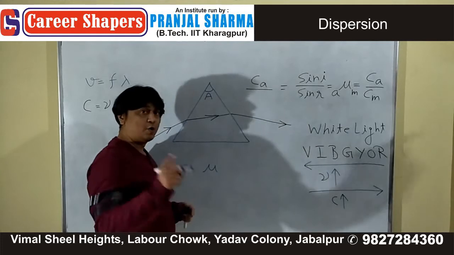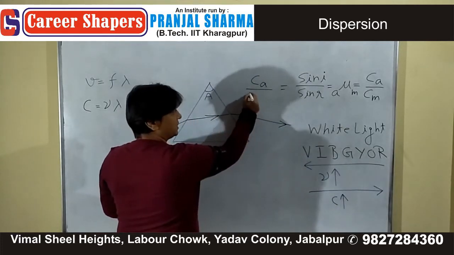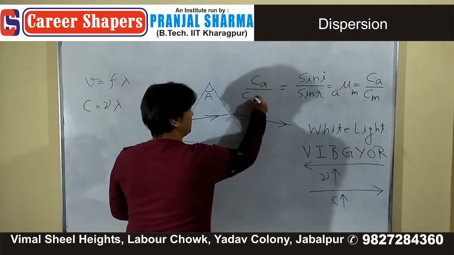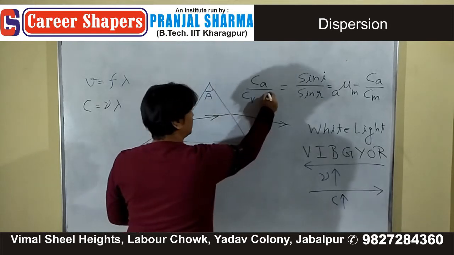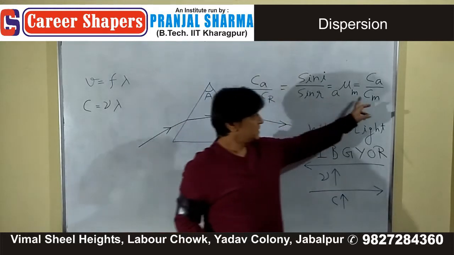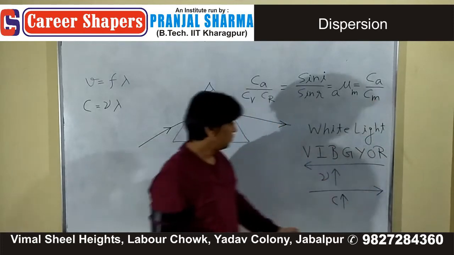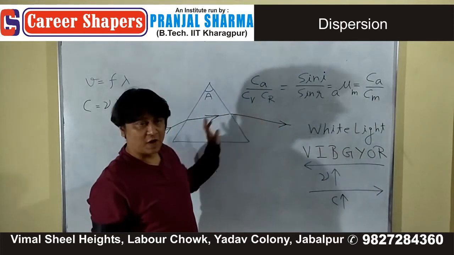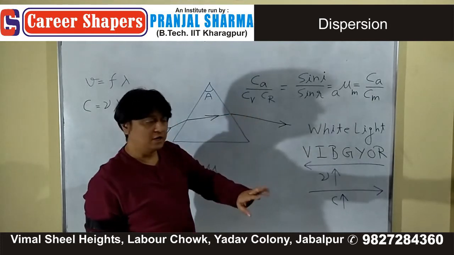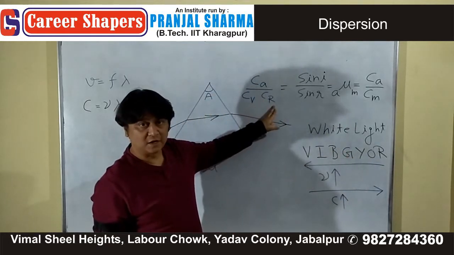But the moment you enter inside a medium, if you talk about violet color, then you will be using CV. If somebody is using red color, then he will be using CR. C in a medium of these colors. So if somebody is dealing with violet color, he will be using the speed of light in violet color. Somebody dealing with red color will have to use the speed of light in red color.